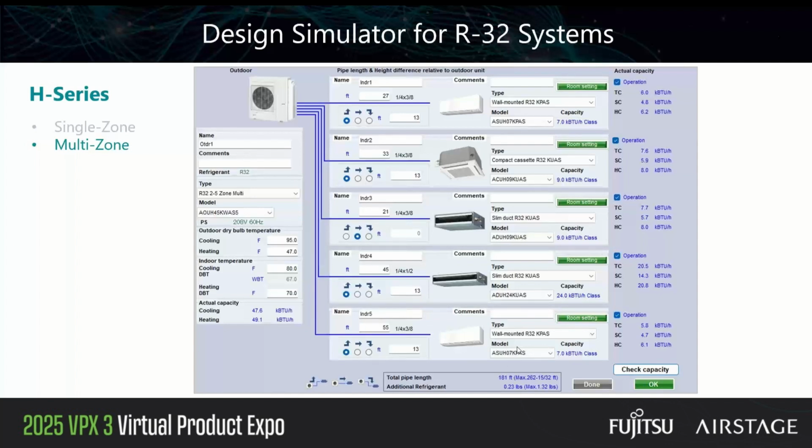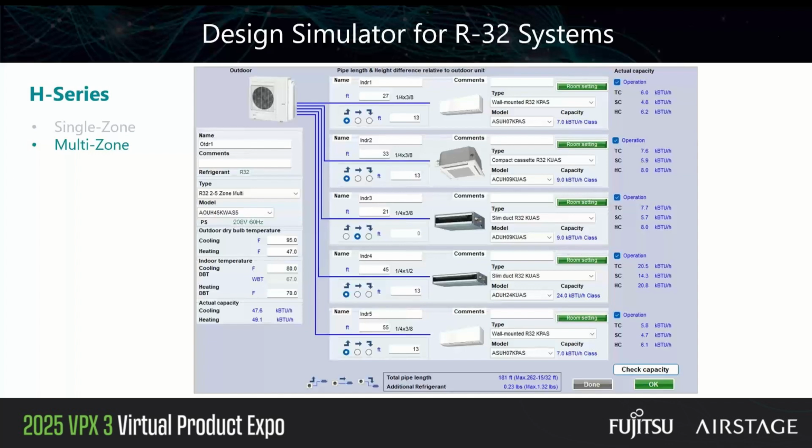Now, this also makes sure that you are allowed only the available capacities per port. So Design Simulator is a backstop that will not let you make an error in the equipment selection. Once in a while, we do hear about a misapplication, and that's usually not a pleasant scenario because it involves a significant amount of time and money to go back and correct.